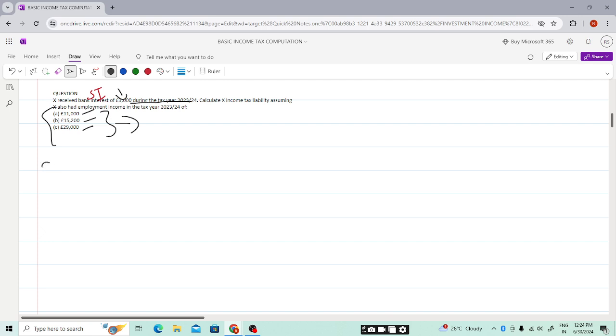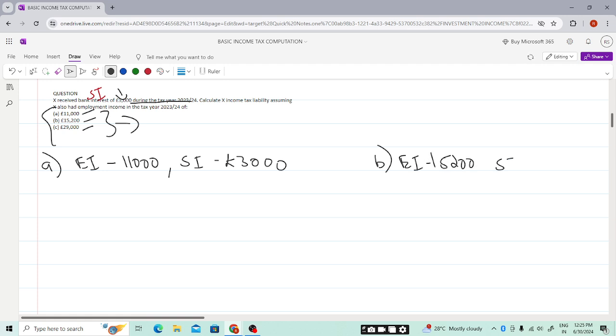So we will first solve part A. In A, we have employment income of 11,000 pounds and saving income of 3,000. Further, in part B, employment income will be 15,200 pounds and saving income will be 3,000 pounds.